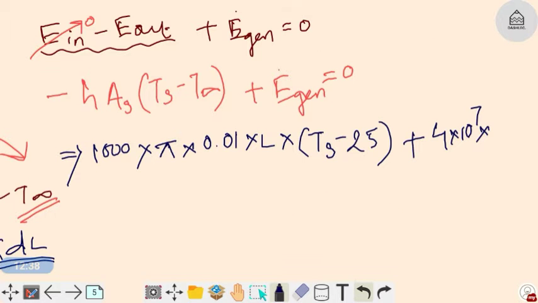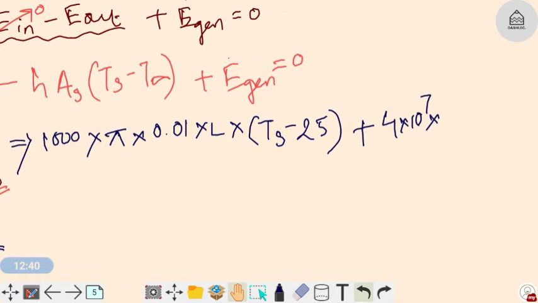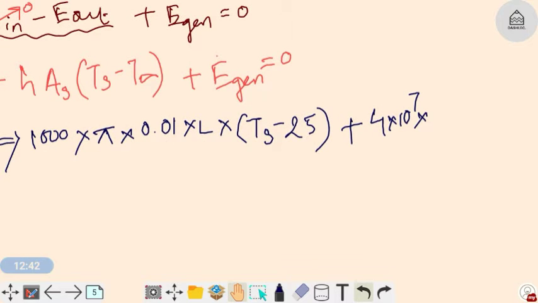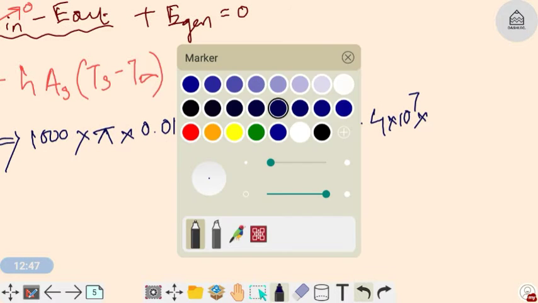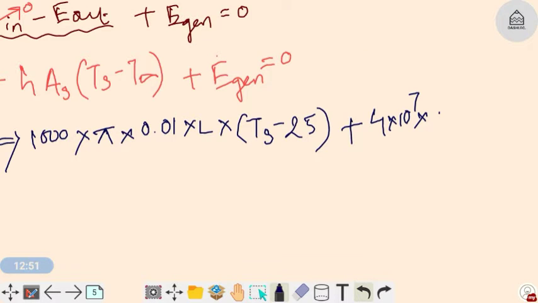Volume will be pi r square h, the volume of the cylinder. Yes or no? Yes. So pi by 4 d square h, 0.01 square into h, which is L.